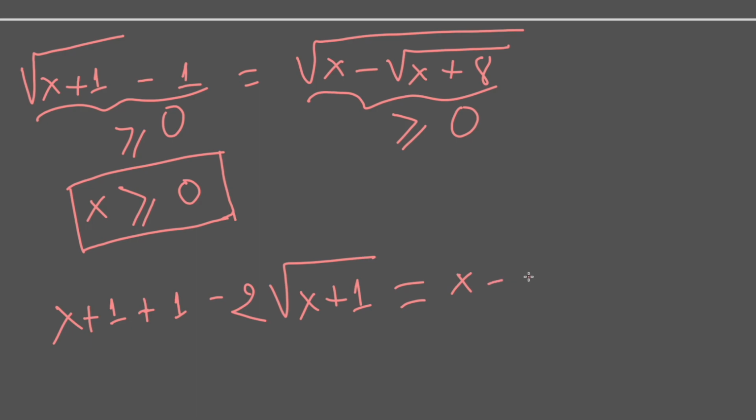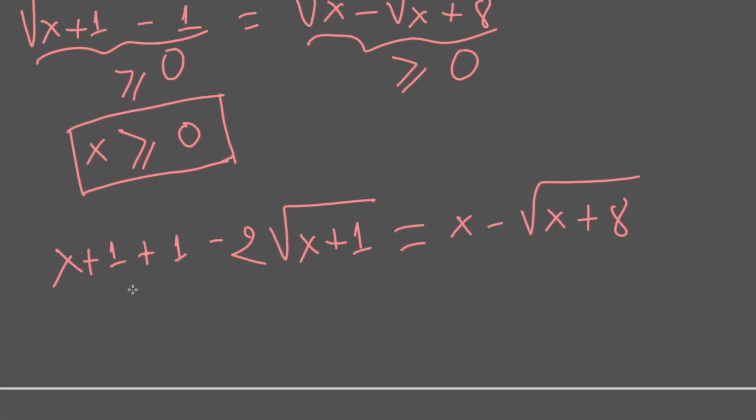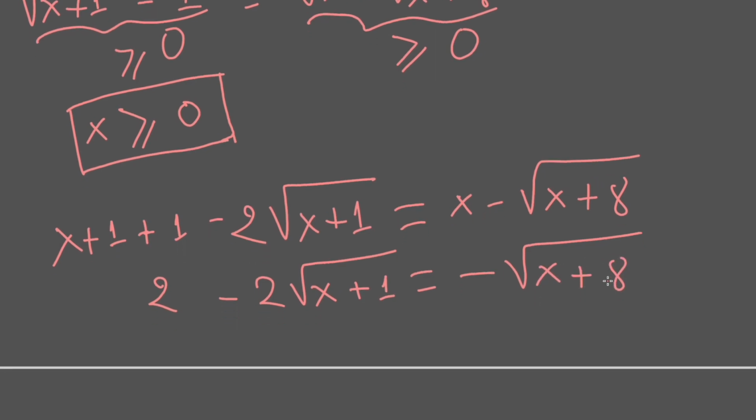We have x minus square root of x plus a. Then we simplify the x of both sides. We have 2 plus 2 minus 2 times square root of x plus 1 equal to negative square root of x plus a.